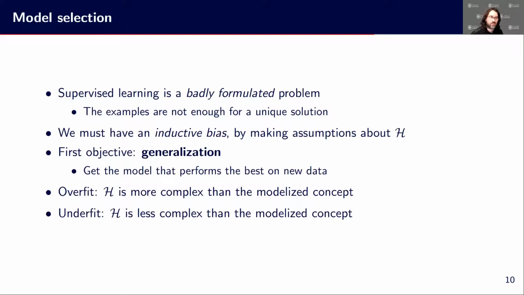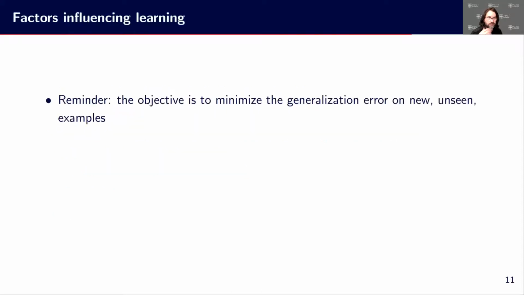So this is not good because overfitting tends to memorize or catch some relations that are not real relations between the data. Conversely, when the h is not complex enough, we have cases of underfitting. So this is the example of the linear model. So h is less complex than the concept we try to model.